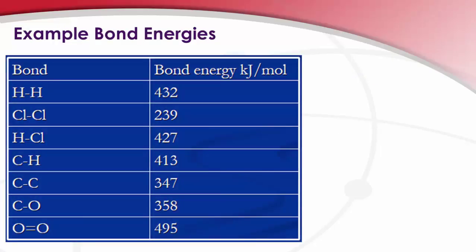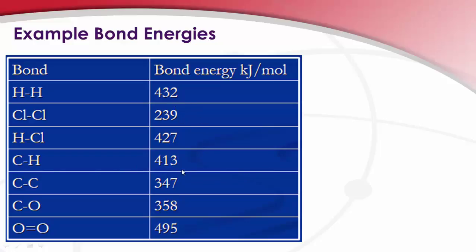So here are some examples of bond energies that have been characterized fairly well for us. Hydrogen-hydrogen bonds, in a hydrogen molecule, are about 432 kilojoules per mole. Now if we contrast that with a carbon-hydrogen bond, well, guess what? There isn't much difference.